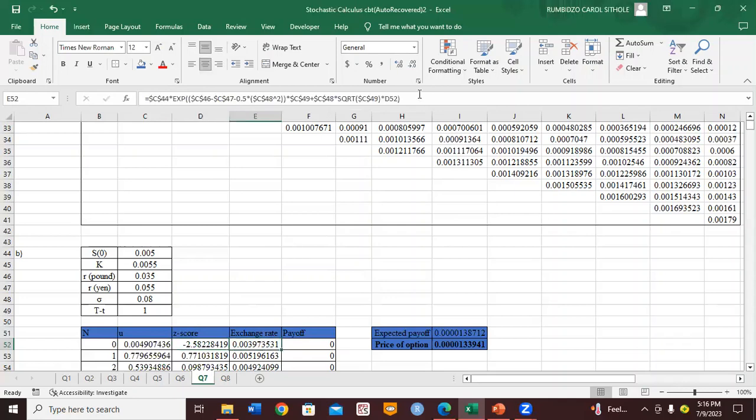So for the exchange rate, we are going to use this formula.